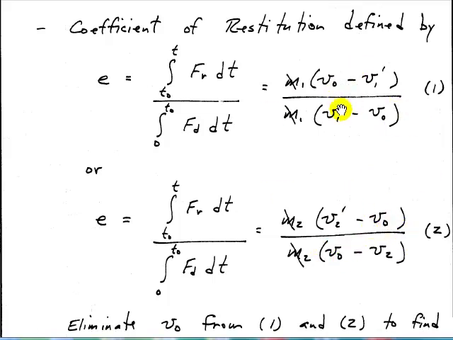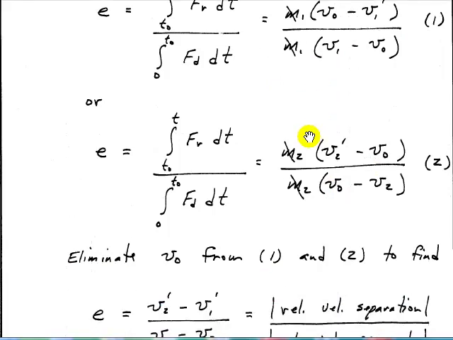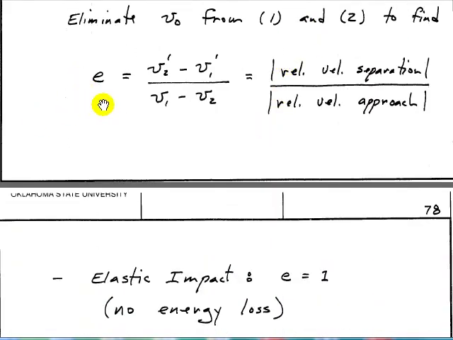What we're left with when we combine these equations is an equation involving starting and final velocities of both, and that's our coefficient of restitution equation, which is the velocity of separation after the impact, with 2 moving faster than 1, over the velocity of approach, 1 moving faster than 2, causing those both to be positive numbers.